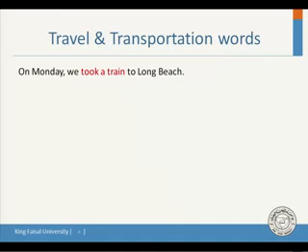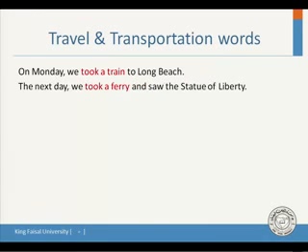Like, on Saturday we took a train to Riyadh. The next day we took a ferry and saw the Statue of Liberty. We took a ferry. Again, a ferry is like a small ship. It's like a boat.